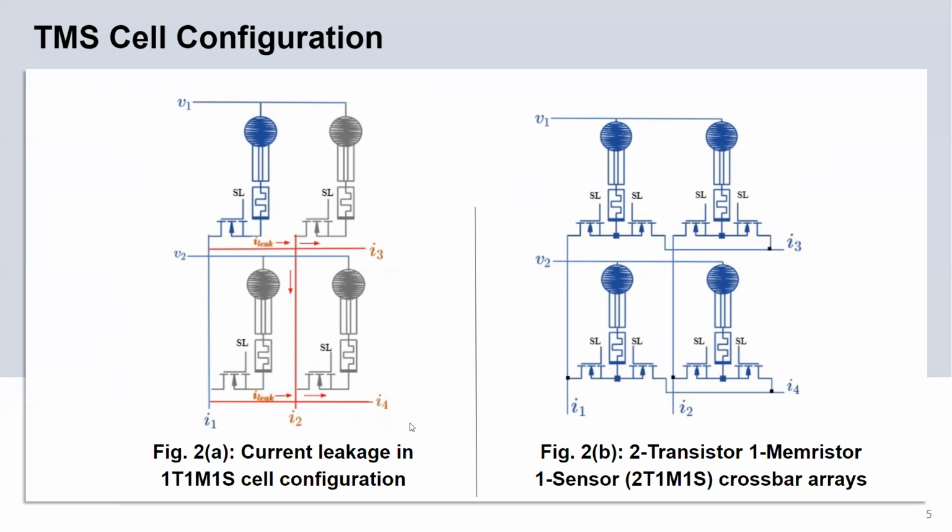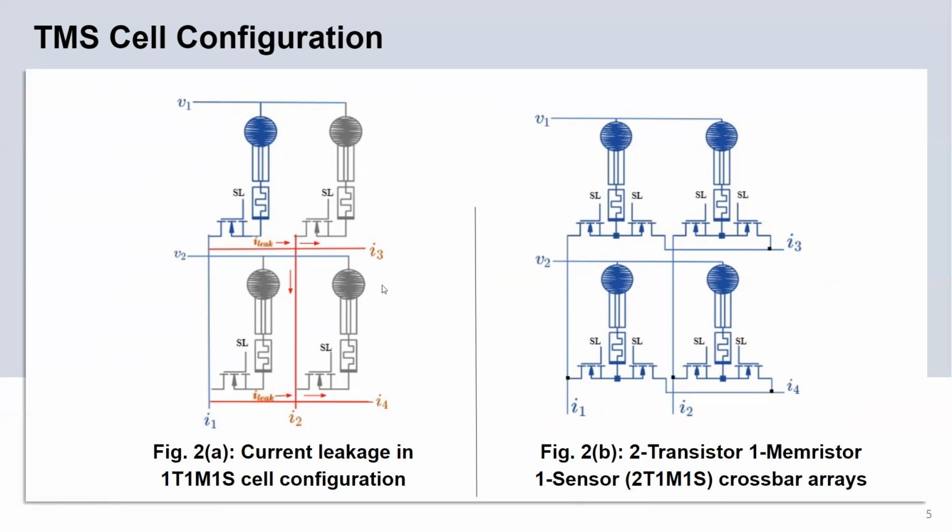For the TMS configuration, there are two possible configurations. The first one is the 1T, 1M, 1S cell configuration, and the second is the 2T, 1M, 1S cell configuration. So in order to sense more features, horizontal readouts can also be included for this TMS crossbar array.